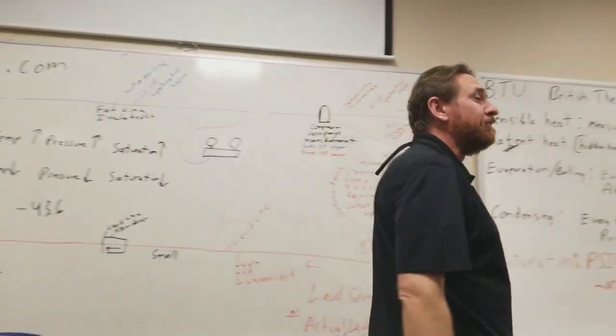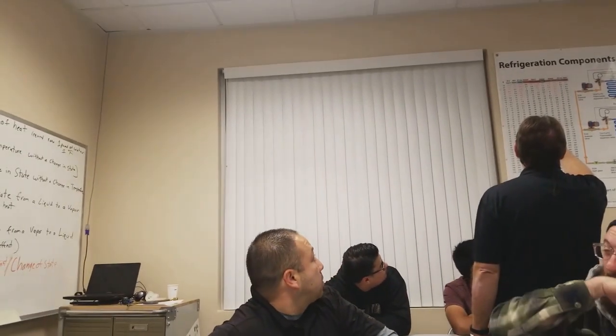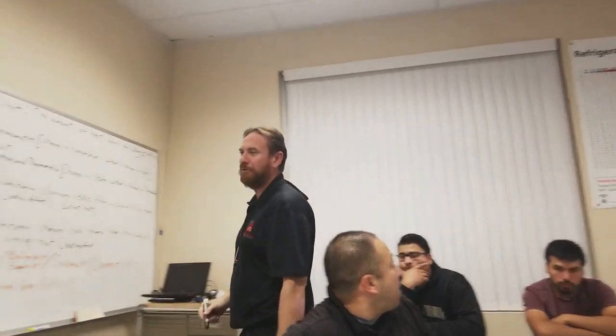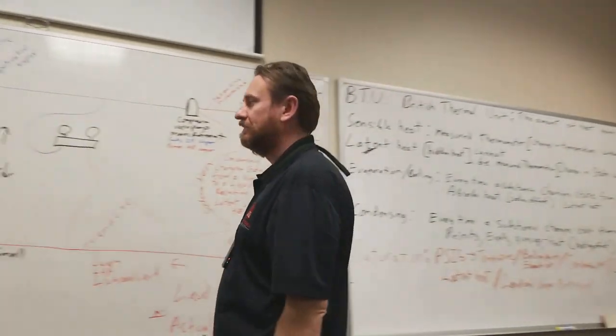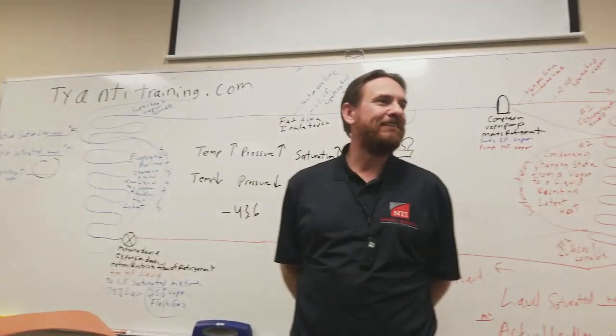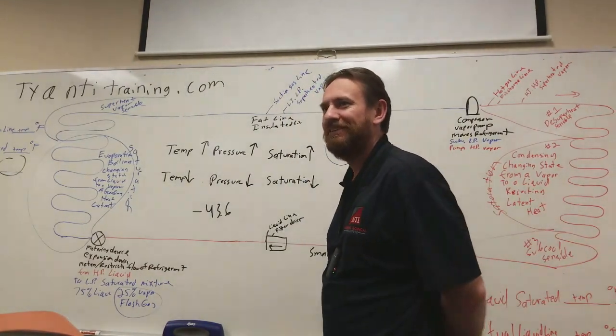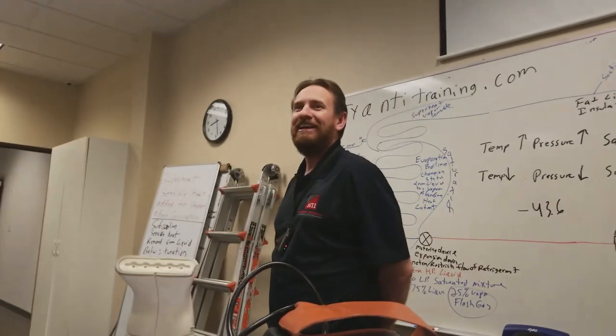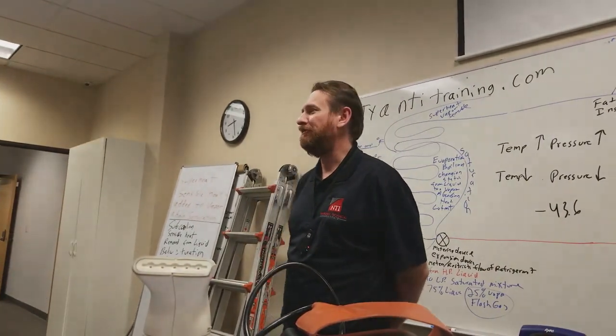The boiling point of R22 at 0 psig is just a little bit more than minus 40. It has pretty similar boiling points, pretty similar characteristics to R22. So propane is a refrigerant with very similar properties to R22. As it changes state from a liquid to a vapor, it absorbs heat.